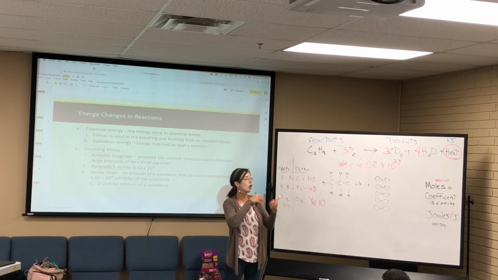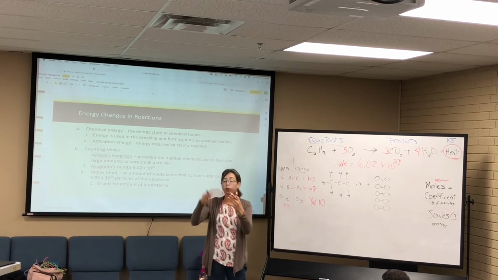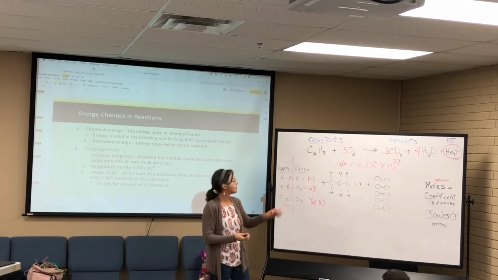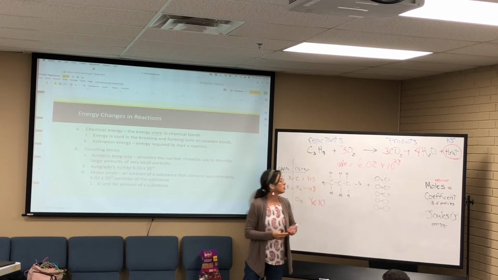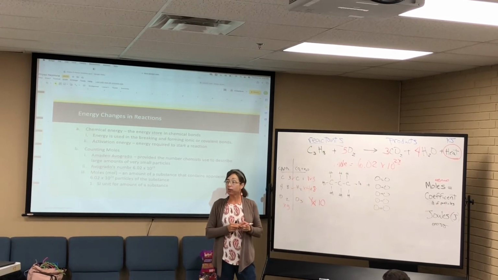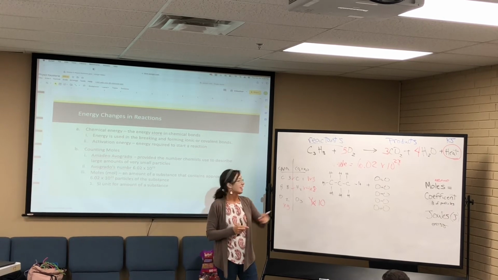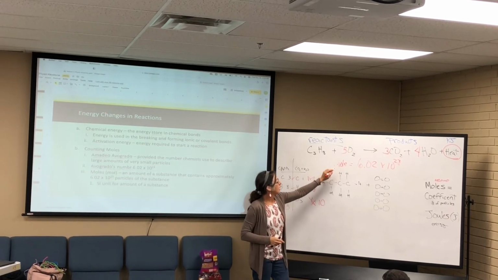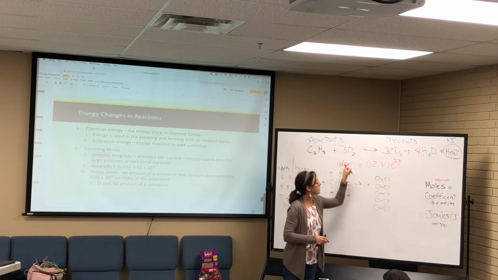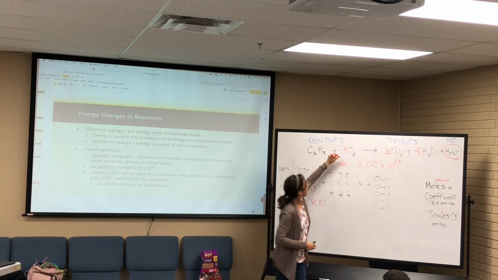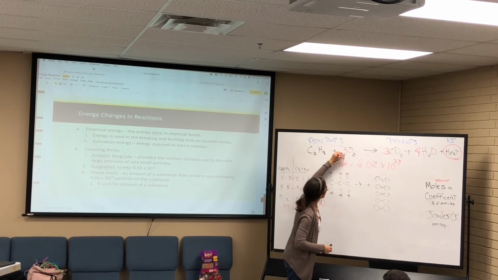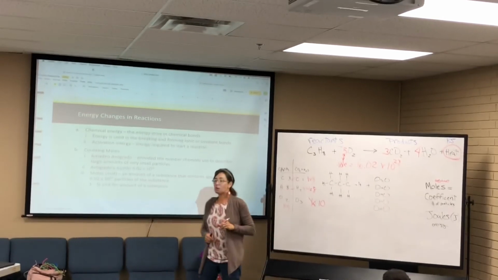So when we're looking at all the particles, we're not looking at the elements, all the particles that are involved in a whole thing. 6.02 times 10 to the 23rd, we're not going to write out all those different zeros. That is a mole. A mole, this whole 6.02 times 10 to the 23rd, is another name for that coefficient.